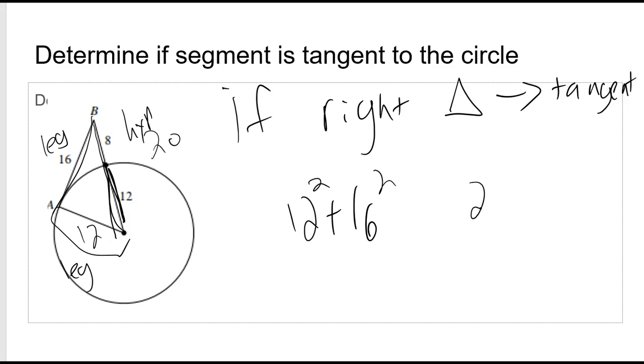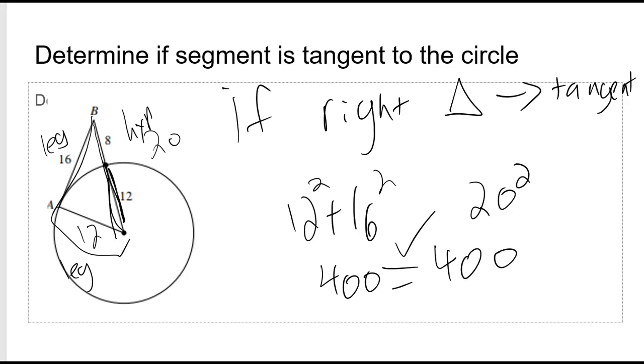We'll put 20 squared. So let's take 12 squared plus 16 squared, and we get 400. If I take 20 squared on my calculator, I also get 400. So let's get a check mark. That means it is tangent.